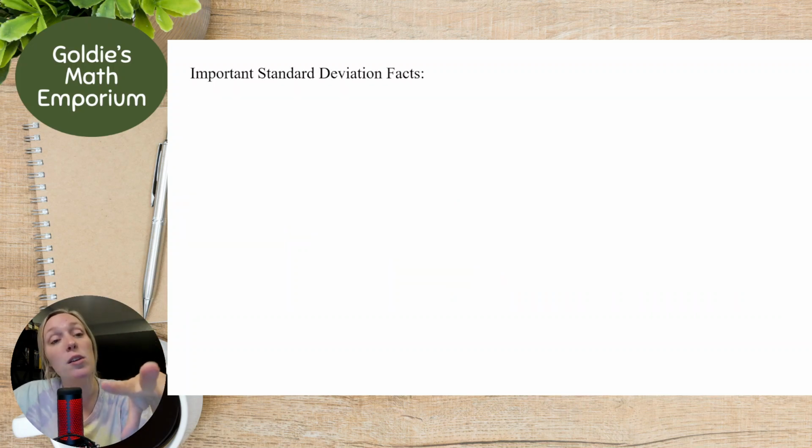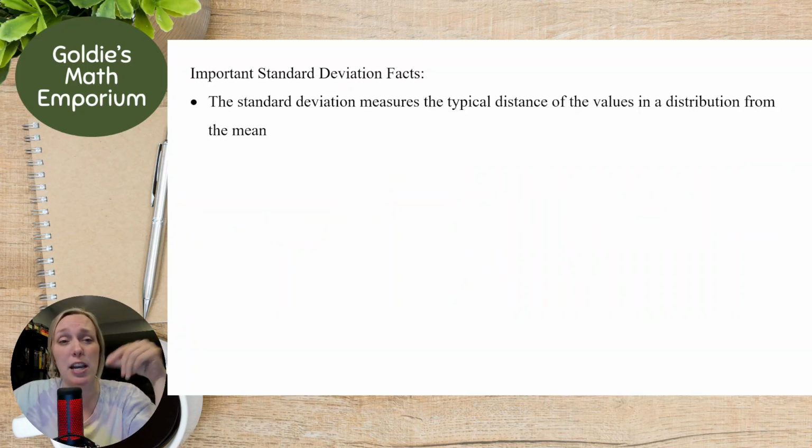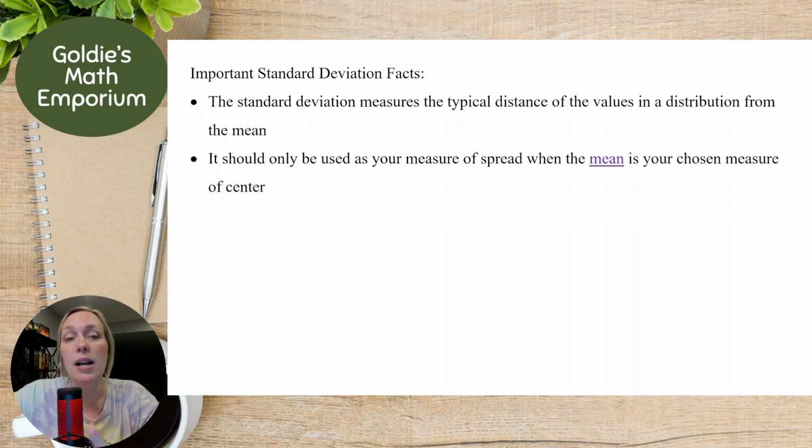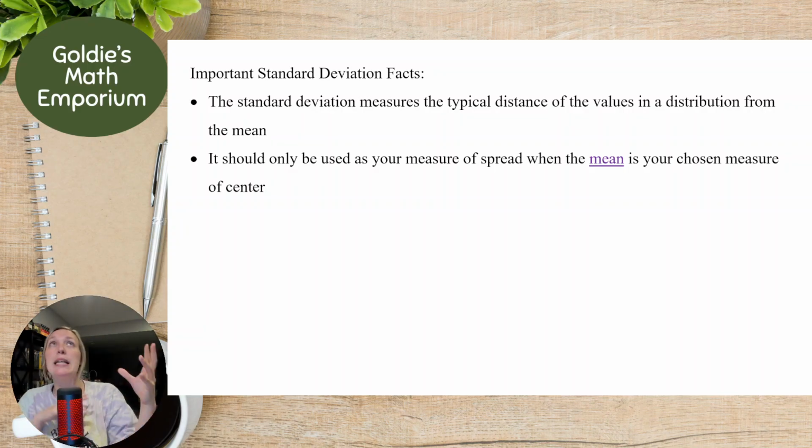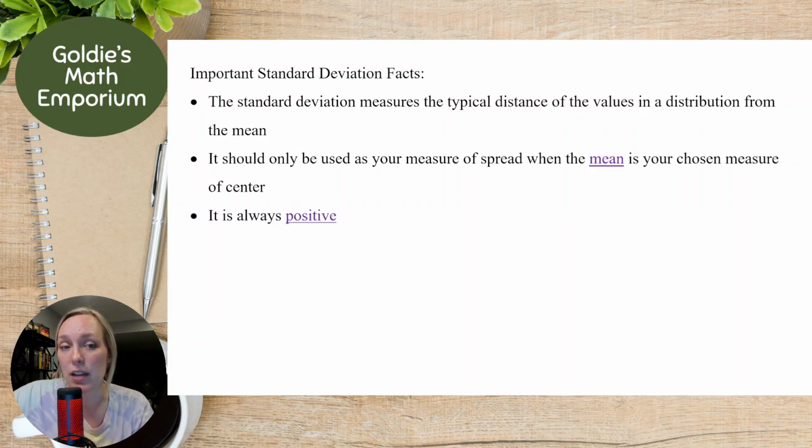But the formula is really important for remembering some of these facts about standard deviation. It measures the typical distance of the values in a distribution from the mean. It can only be used as the measure of spread when your mean is your chosen measure of center. So median and standard deviation don't go together. It is mean and standard deviation.